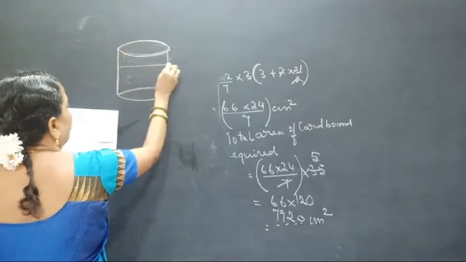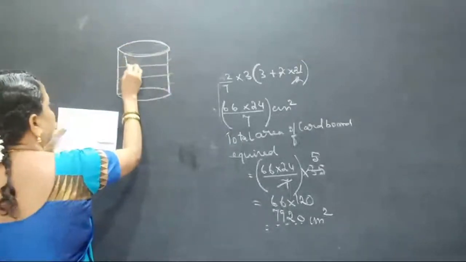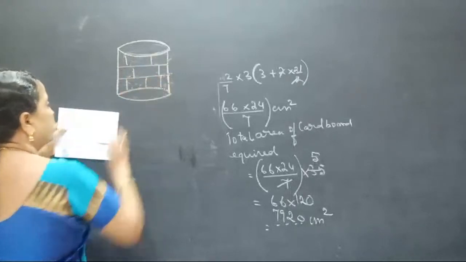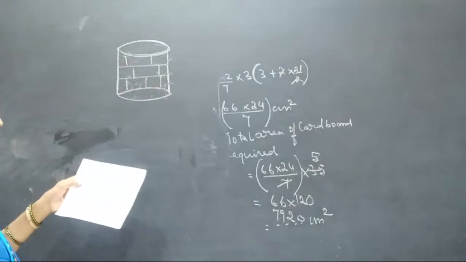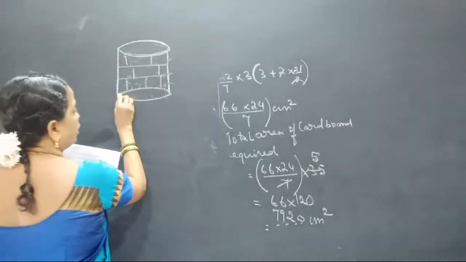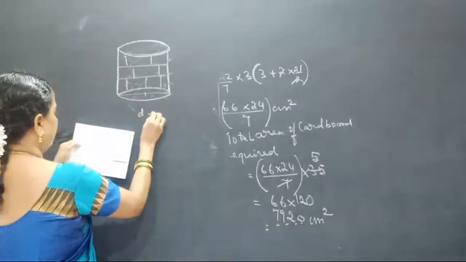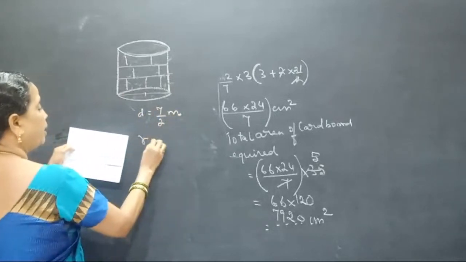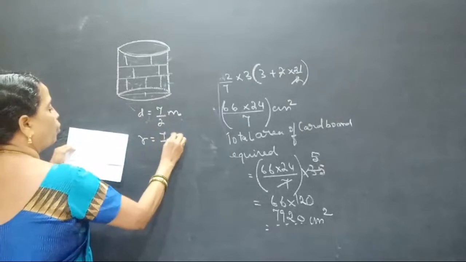Always I'll give importance to the figure so that you can keep the imagination for a long time. This is a well. The inner diameter of the circular well, when d equals 7 by 2 meter, the radius will be 7 by 4 meter.